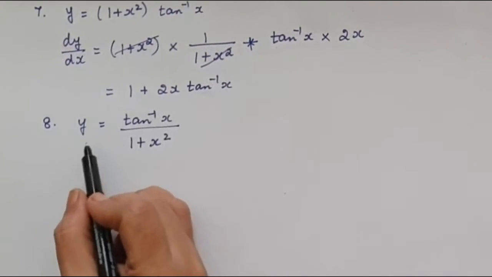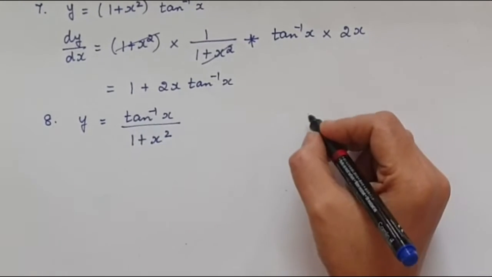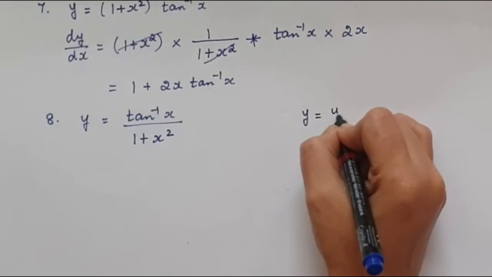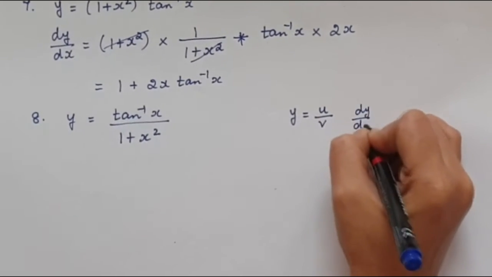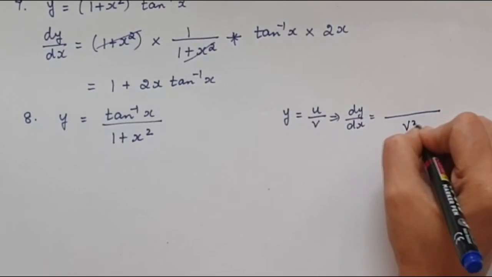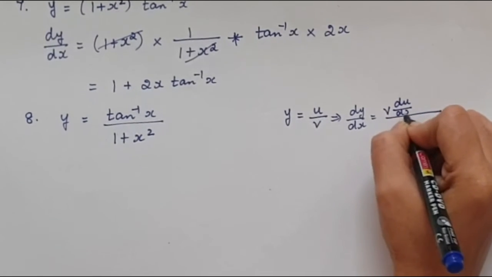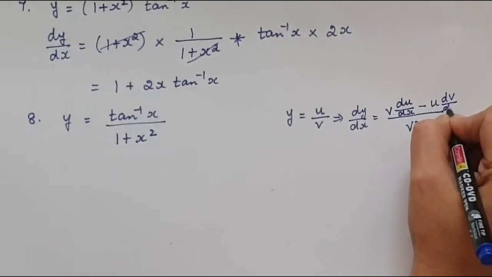The eighth question, y equal to tan inverse of x by 1 plus x squared. This is in the quotient form. So it is y equal to u over v. Then dy over dx will be equal to square the denominator, write the denominator, differentiate the numerator, du by dx minus u into dv over dx.